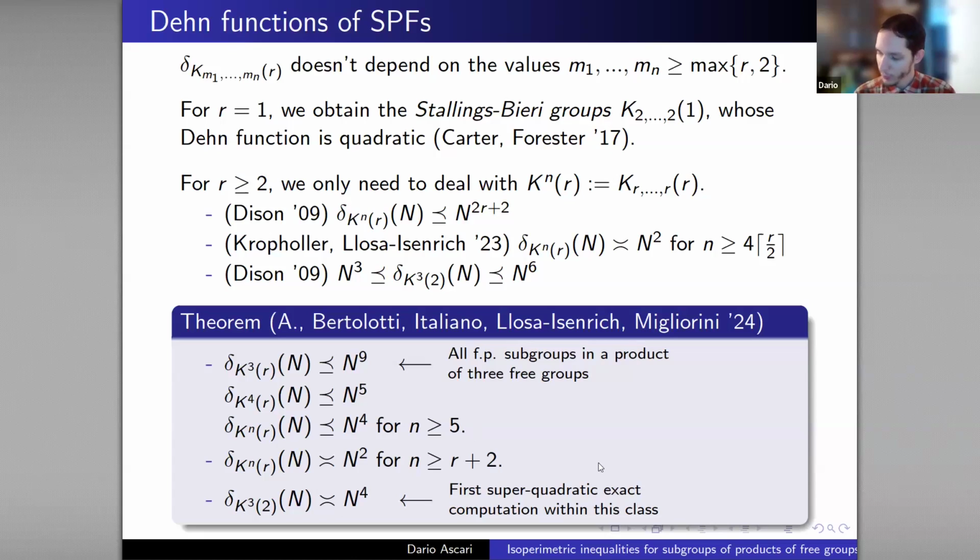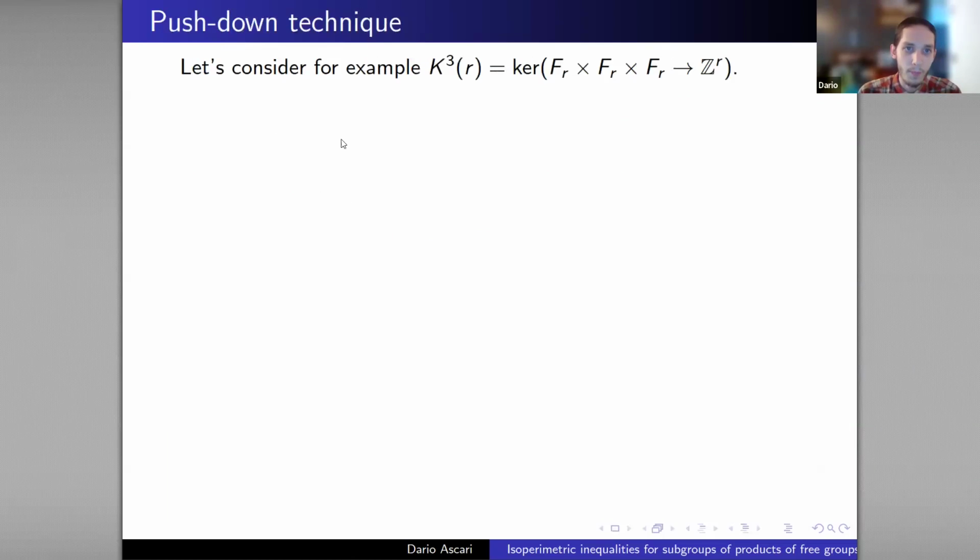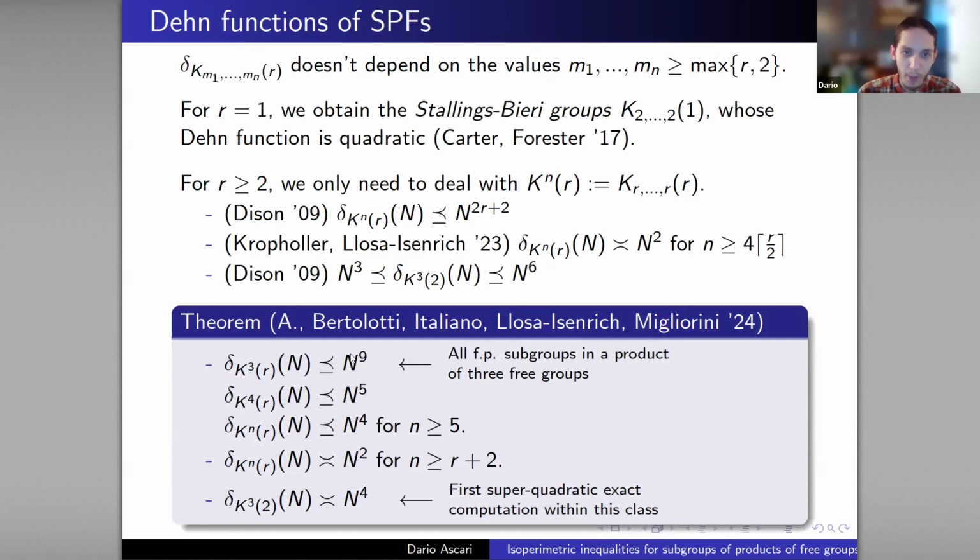So in the last 5 minutes, let me give you an idea. These results all require several ideas to be proved. In fact, our paper is very, very long. So I will just show one idea, and I will talk about the upper bound.